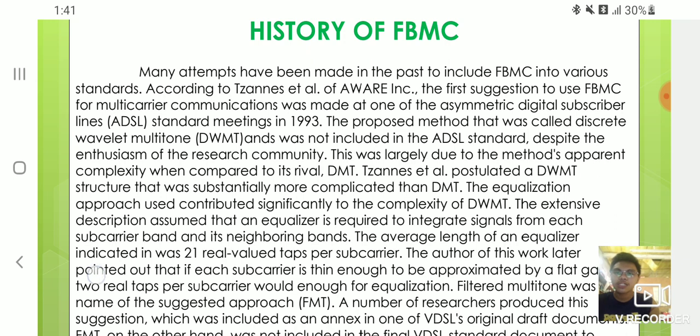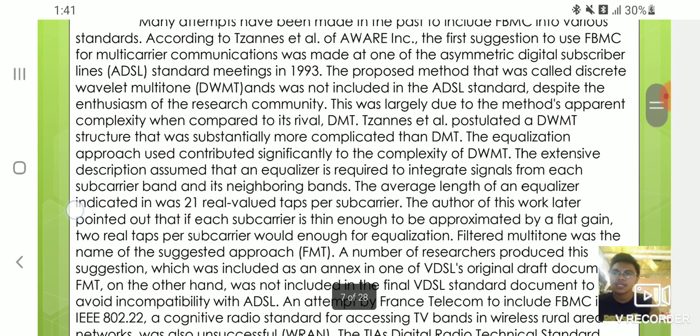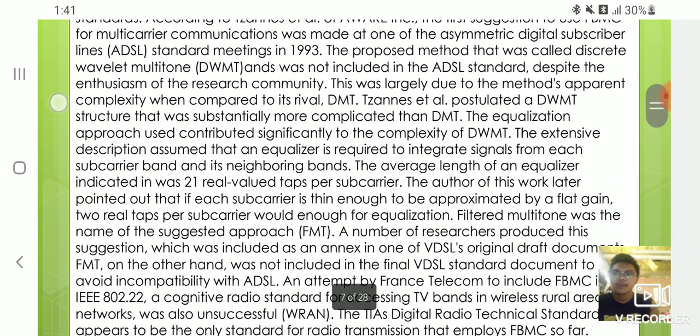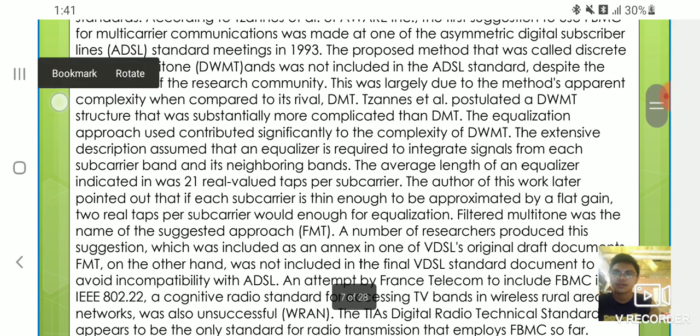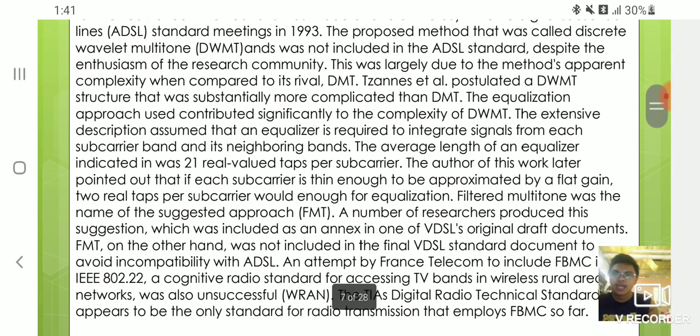This was largely due to the method's apparent complexity when compared to its rival, DMT. Jones et al. postulated a DWMT structure that was substantially more complicated than DMT. The equalization approach used contributed significantly to the complexity of DWMT.